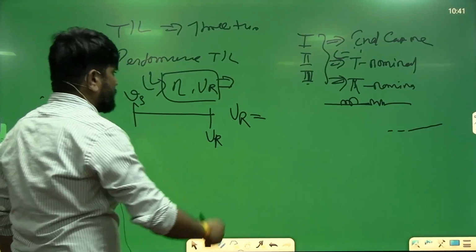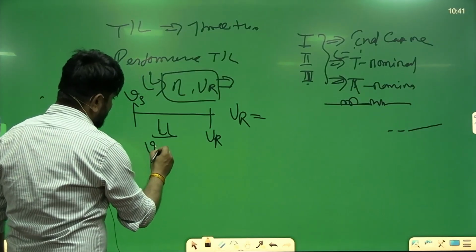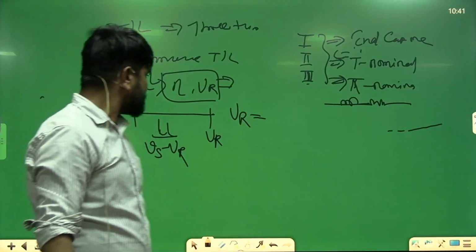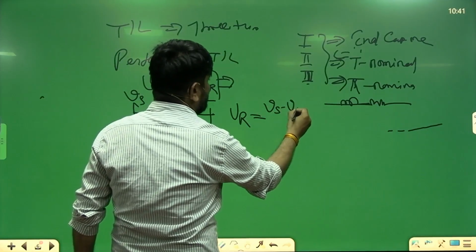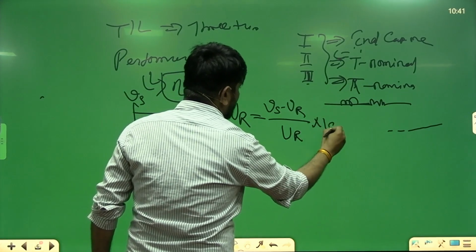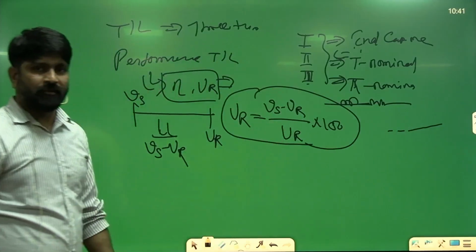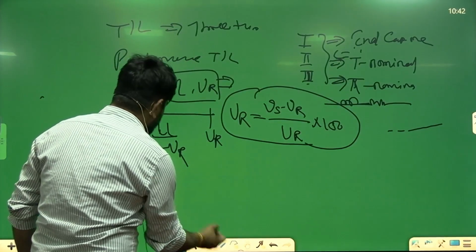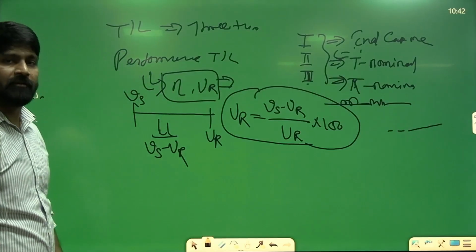That is, Vs minus Vr, then Vs minus Vr divided by Vr into 100. It is called the voltage regulation. Then again we calculate the efficiency of the transmission line.